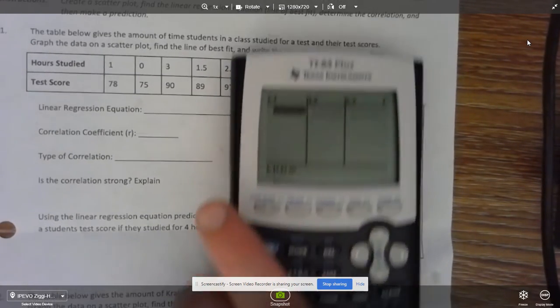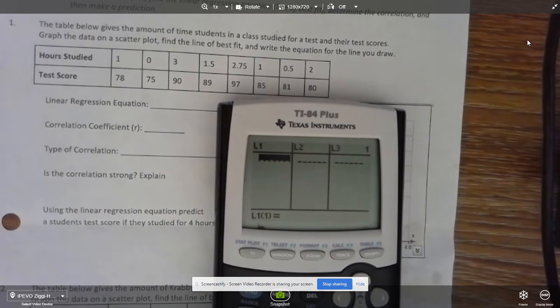And I'm going to put in all the numbers in L1, which is 1, 0, 3, 1.5, 2.75, 1.5, and 2.